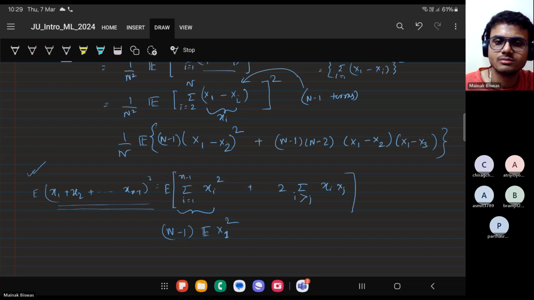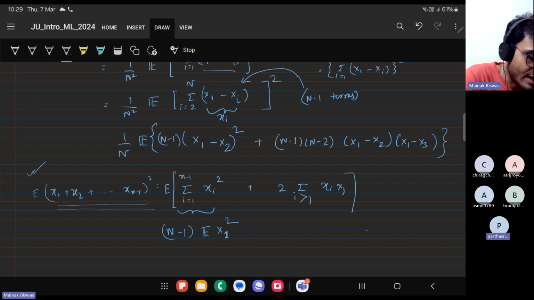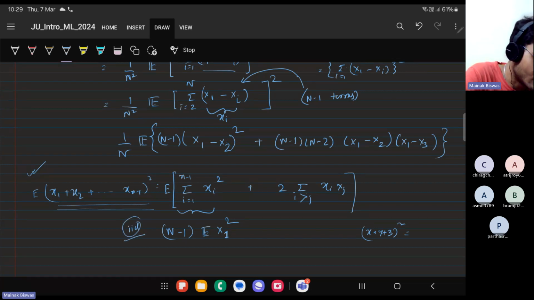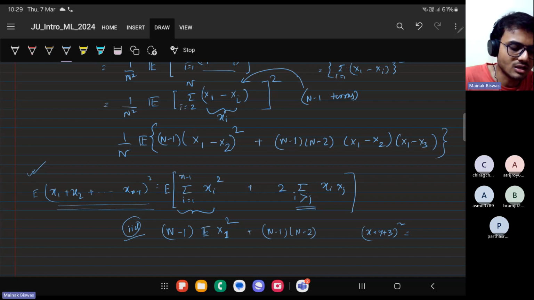Yes, we can just use linearity. I have x plus y plus z. If you have any doubt, just take a square of this and take expectation on both sides. You will understand. x plus y plus z square. Since there is IID, we can add n minus 1 into e of x1 square. Always IID, take x1 plus 2 into how many terms are there? n minus 1 into n minus 2, n choose 2 into 2, right?